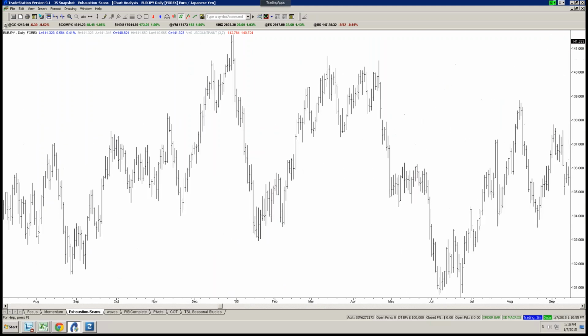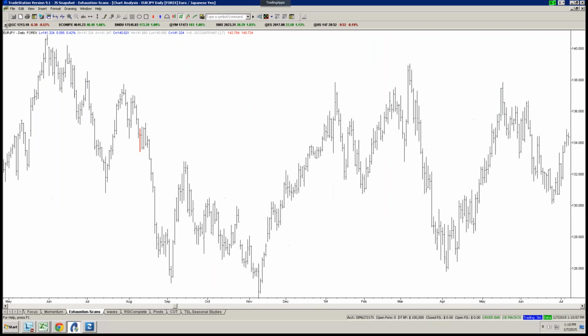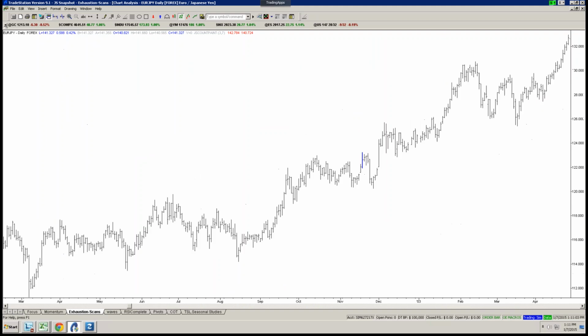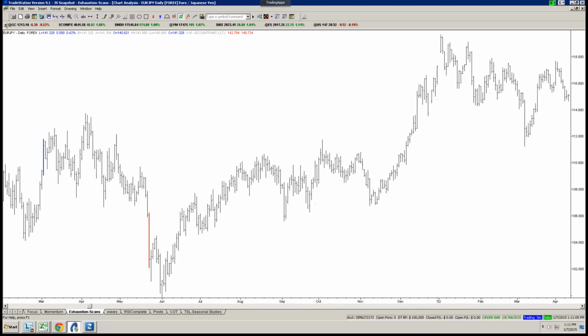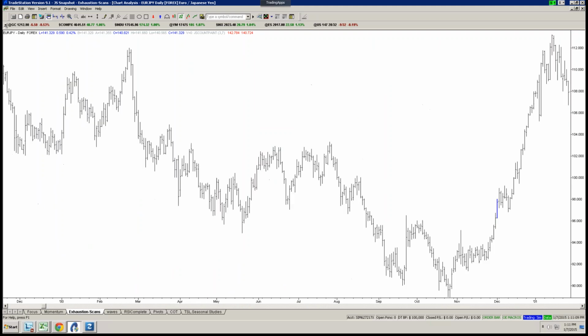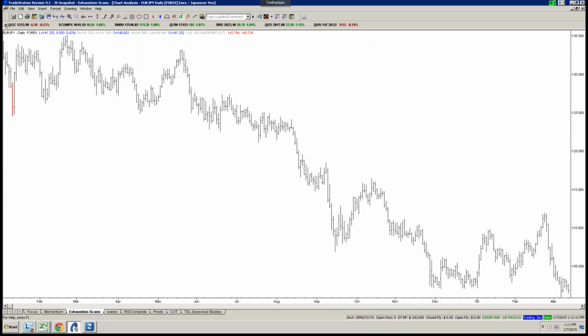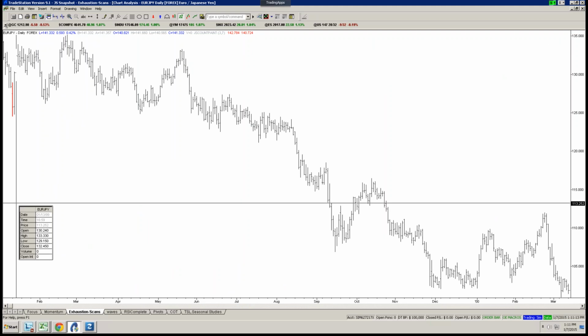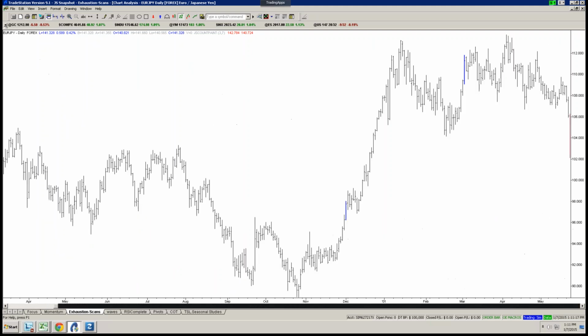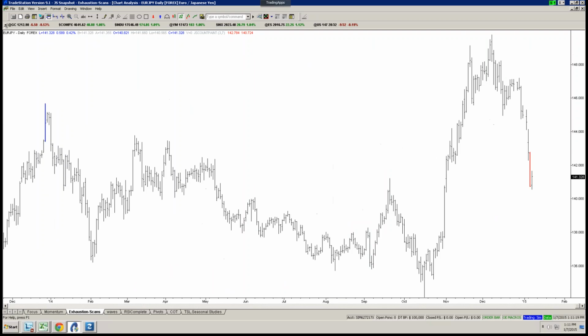This is March of 2011. This is within a downtrend here in 2010. You got some readings here in 2009 that were kind of towards market lows.